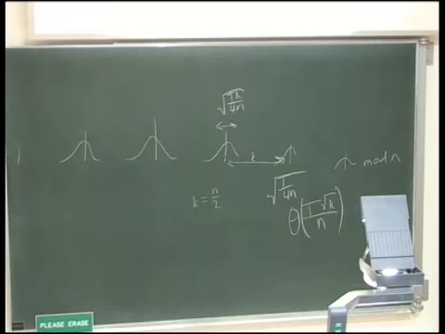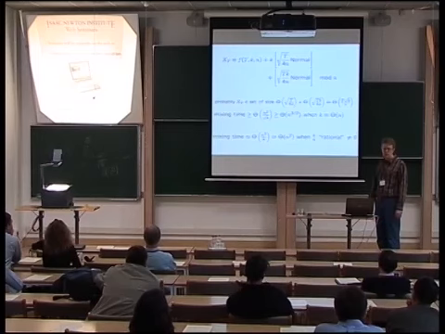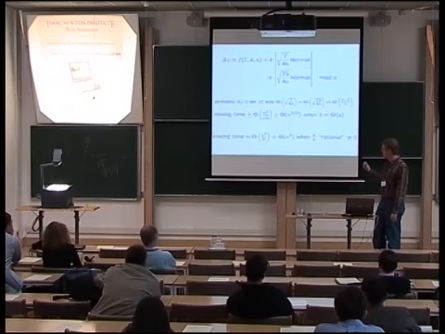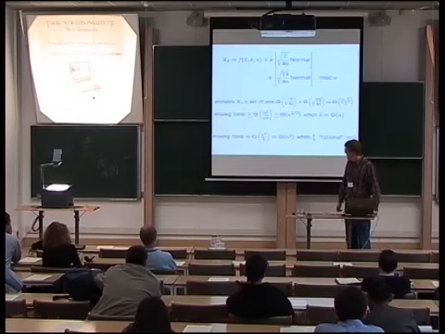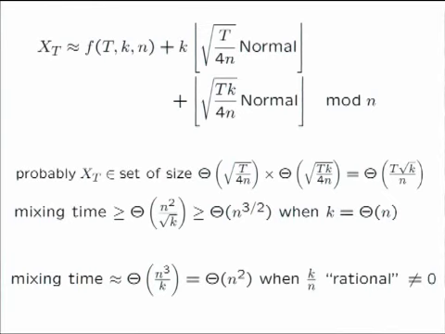And so there's a much smaller set of values modulo n that this distribution is largely supported on. And in that case, it takes order n squared time. So at a heuristic level, that's what's going on.